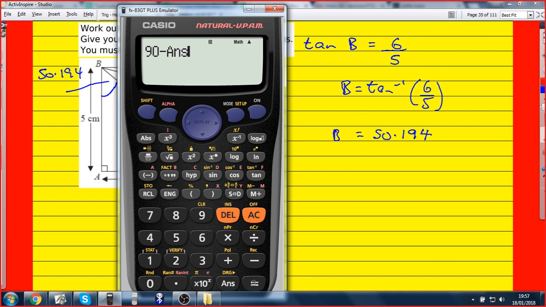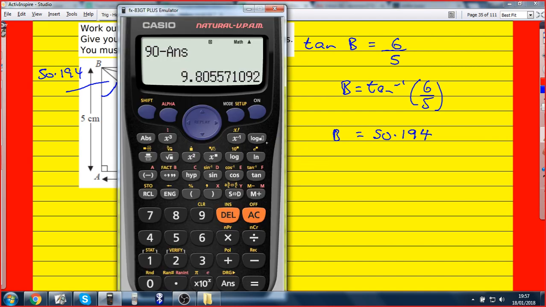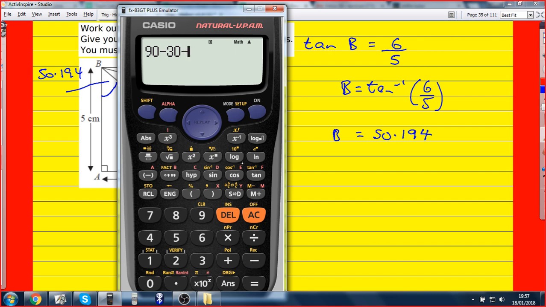The answer, 9.8. I should have used 50.194 actually. So I'll just do 90 minus 30 minus 50.194.